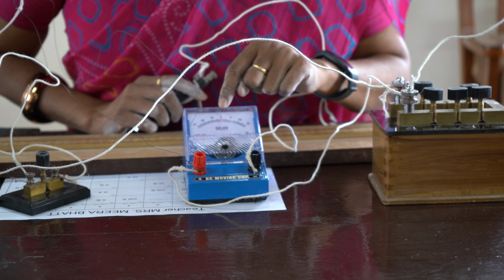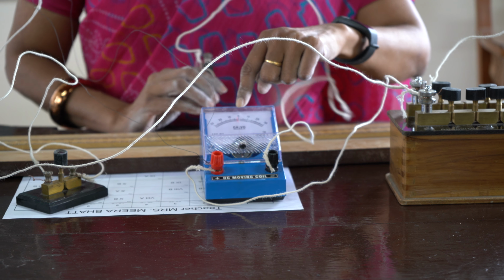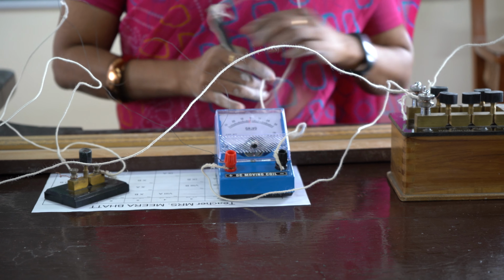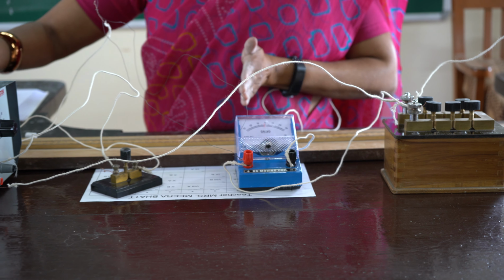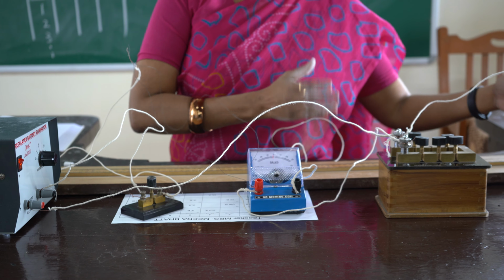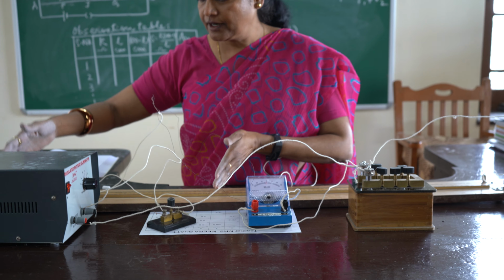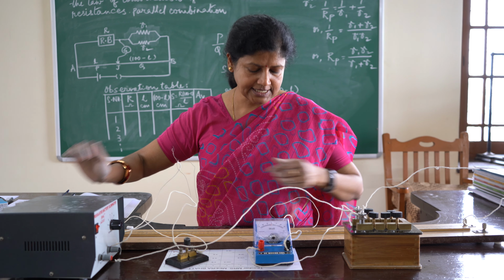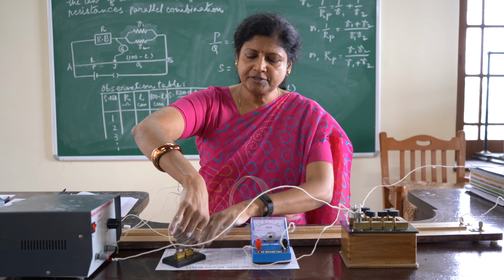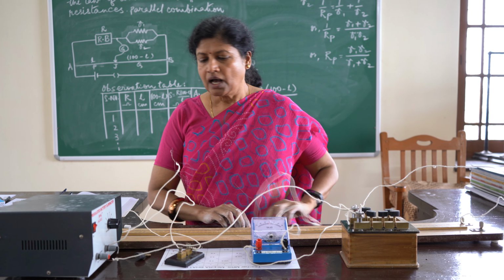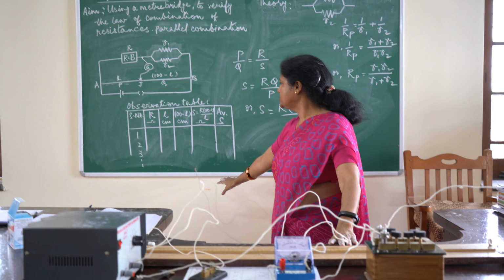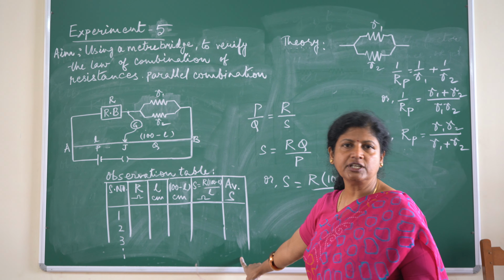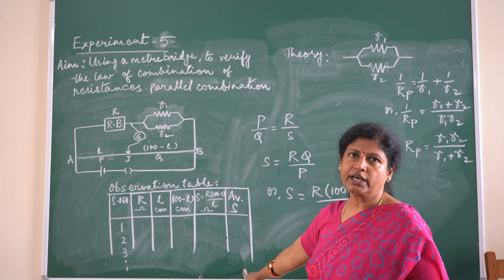And when it comes to its null point, we measure L. L will be in centimeter, then 100 minus L. Suppose here we are getting 40 centimeter. For Q we'll get 100 minus 40, that will be 60. After a number of observations, we can calculate S, we can get the average value of S.